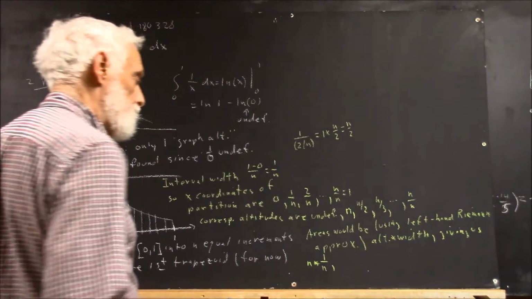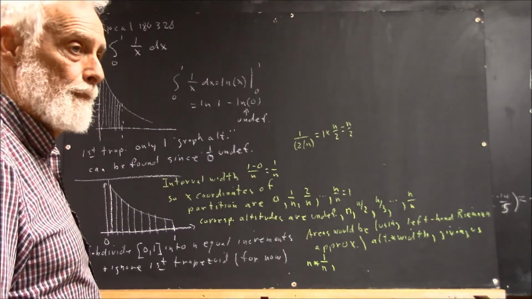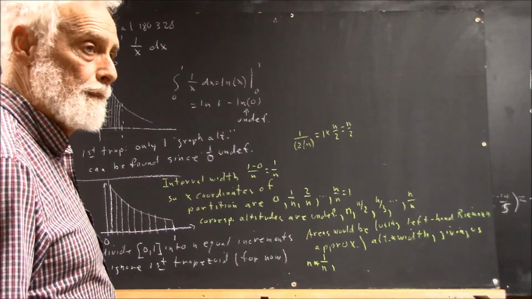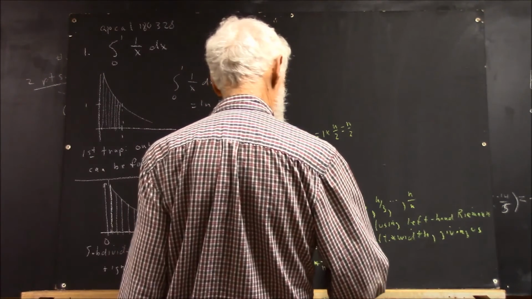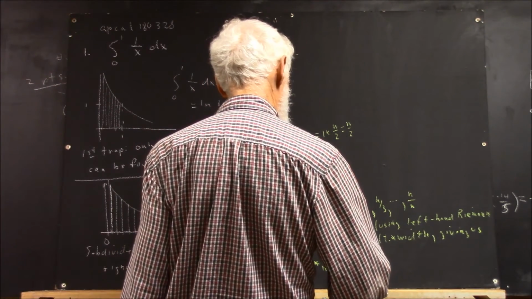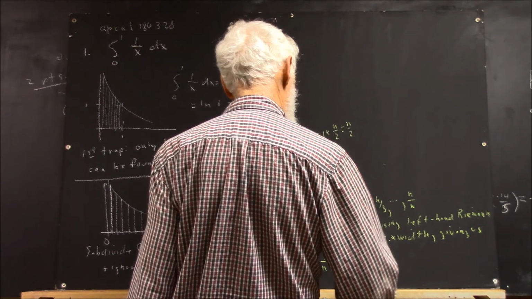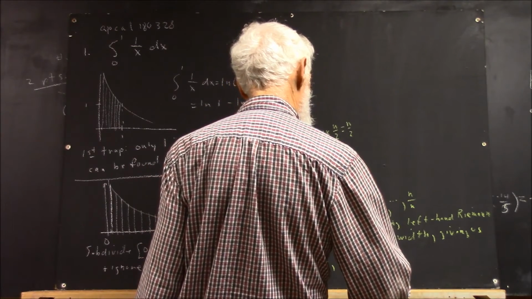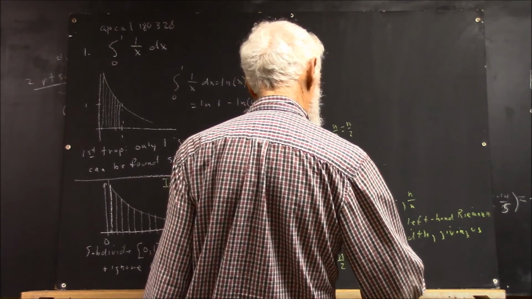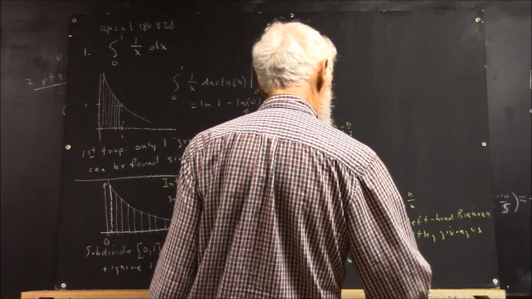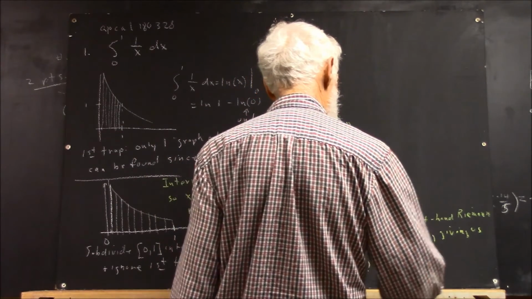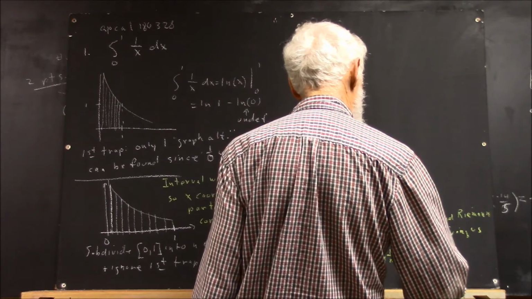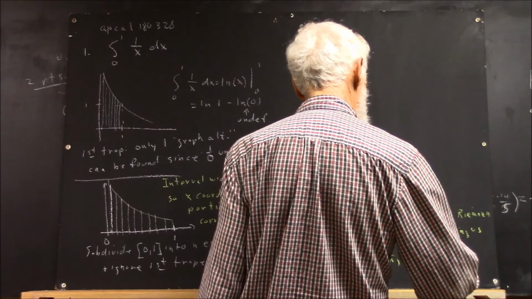And then what would the next one be? n over 2 times 1 over n, n over 3 times 1 over n, etc., up to n over n times 1 over n.